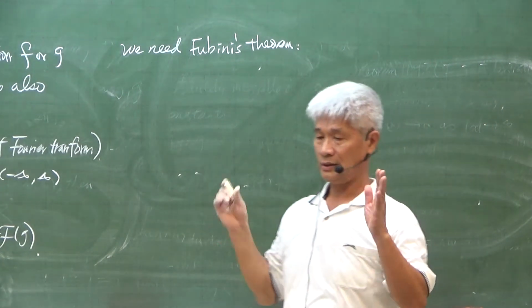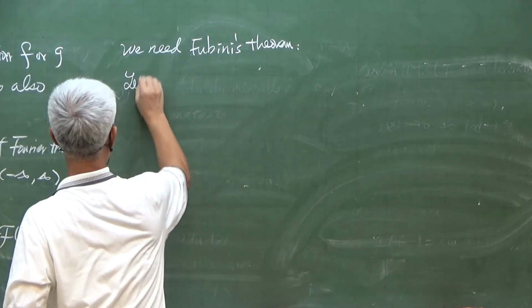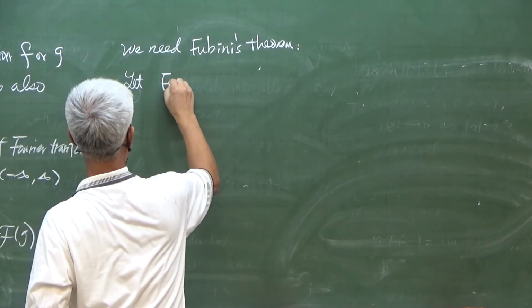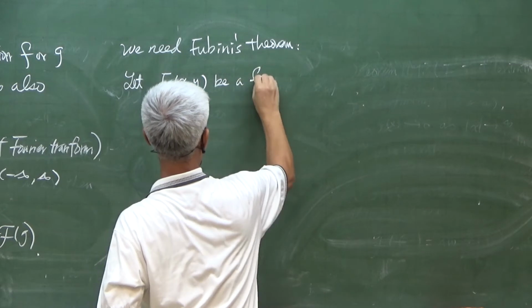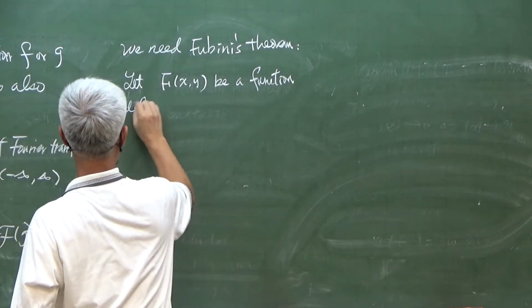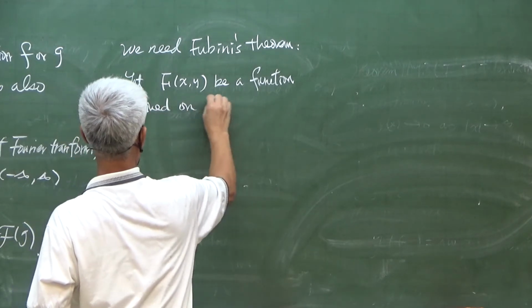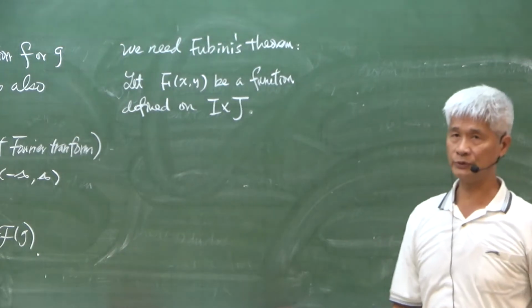Let f(x, y) be a function defined on a Cartesian product of two intervals.